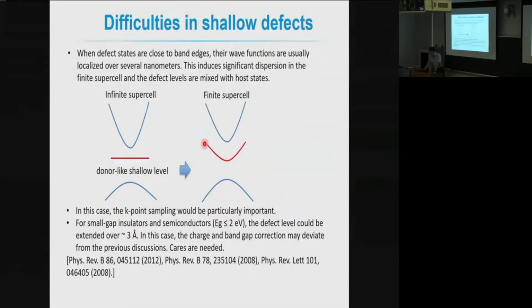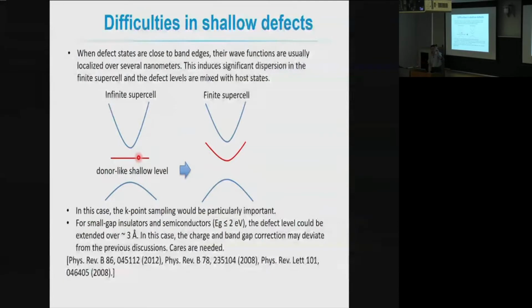But anyway, you need K-point sampling. For small gap insulators or semiconductors in which the band gap is less than 2 electron volts, even though the defect level is well in the middle of the band gap, it usually extends quite a long distance.